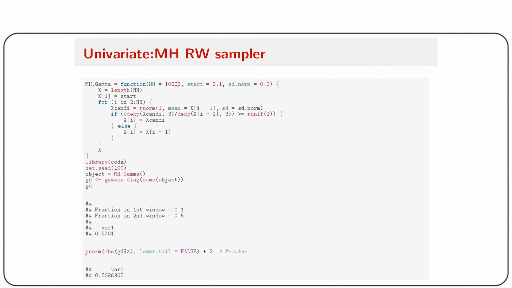We pass the sample through mcmc to get the MCMC object, pass that to the diagnostic function and store it as GD. The GD gives you the details: for variable 1 the test statistic is 0.57, and the two-sided p-value is 0.56.